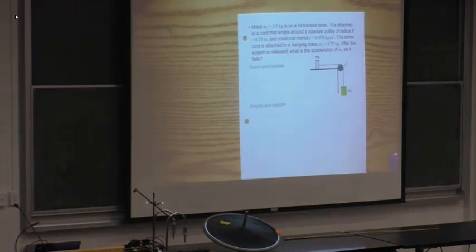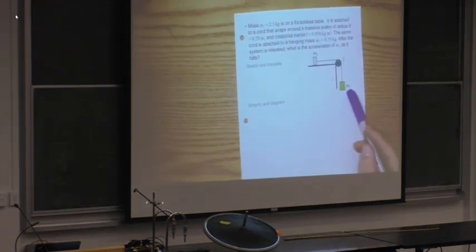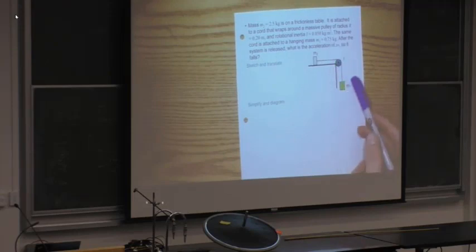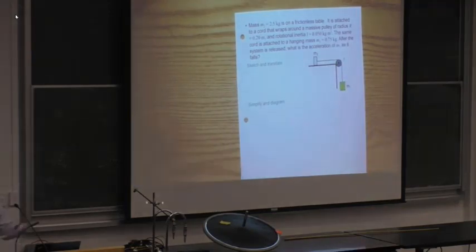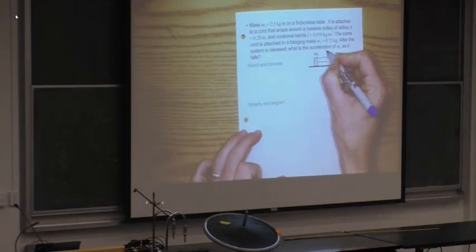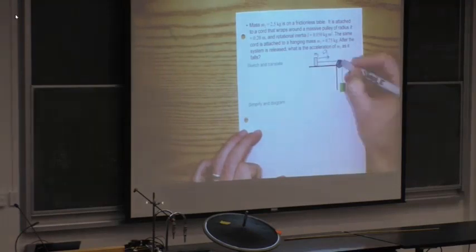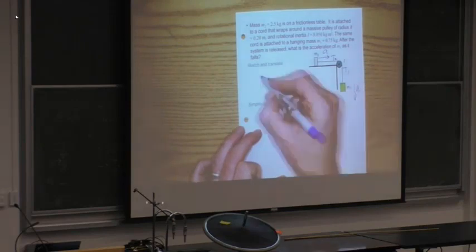Now I've given actual numbers to the masses. M2 is 2.5 kilograms, M1 is 0.75 kilograms, so that answers your question about which one's more massive. M1 is less massive. This thing accelerates towards the right. There's your T2 up here, and here's your T1, and this one accelerates downwards.